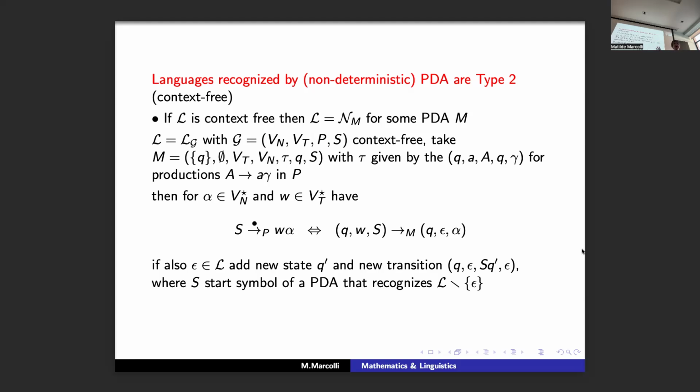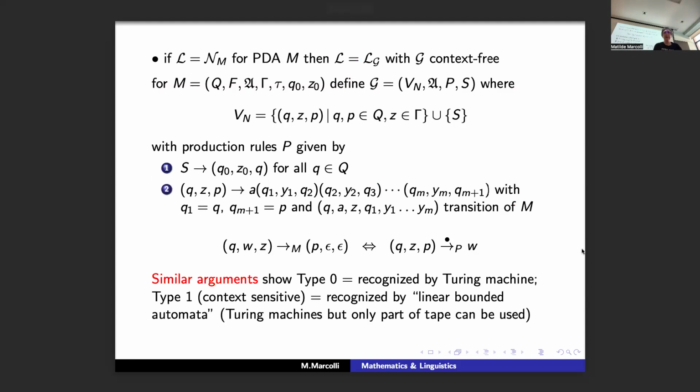That allows you to keep in mind a certain part of the computation that you can fish out and use again, which helps with this type of recursion where you need to keep some memory of a certain number of instructions. So whenever you have a chain of derivation in the context-free grammar, it translates in this way into a computation in the automaton that goes from a certain initial state of the automaton to a final state of the automaton. This is the basic idea of how the construction in this direction goes.